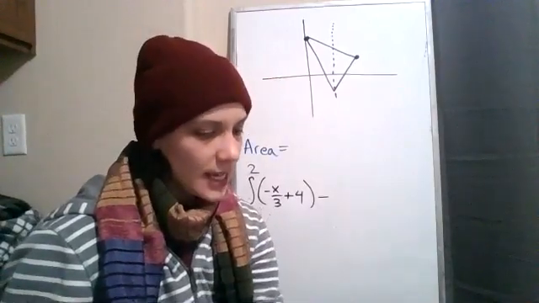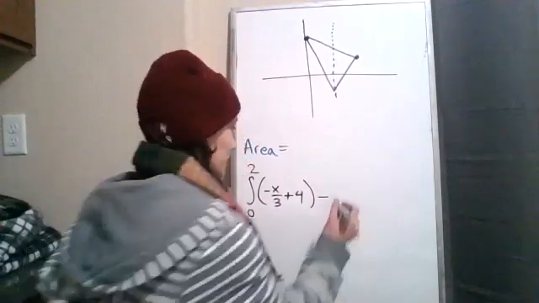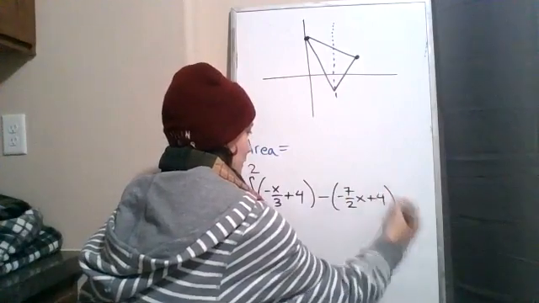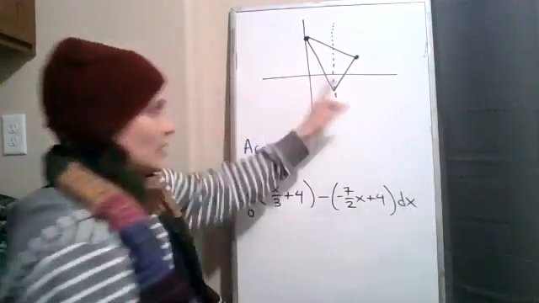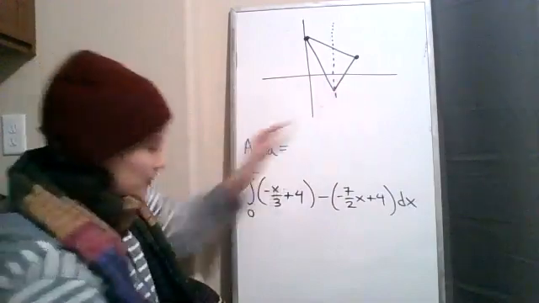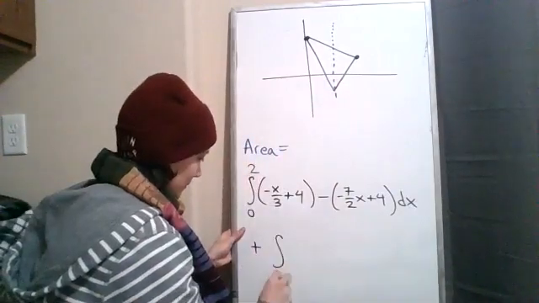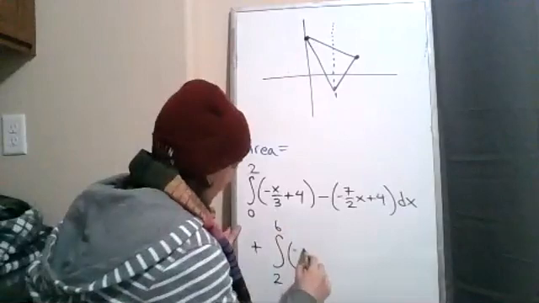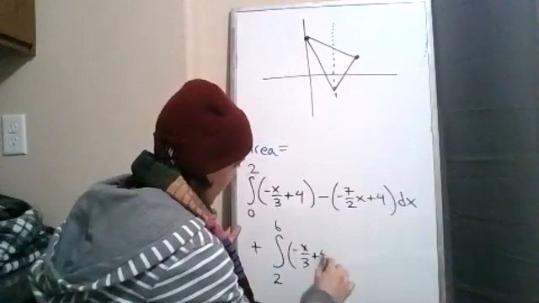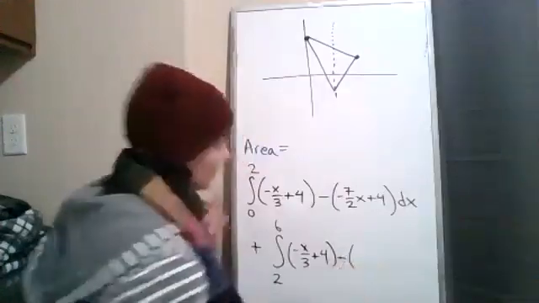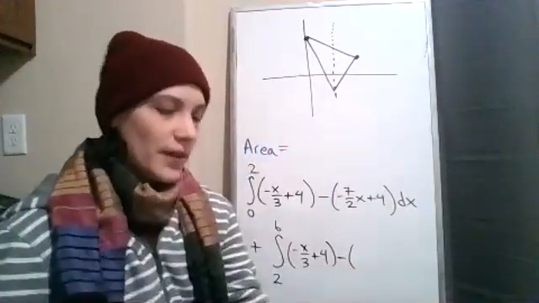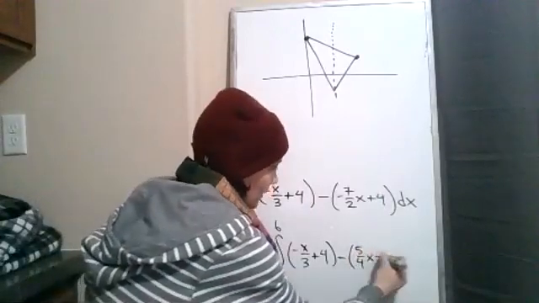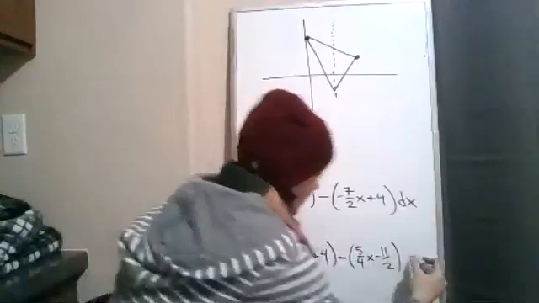Which was negative 7/2 x plus 4. Then add the integral from 2 to 6 of the top function minus the bottom function, which we called C. 5/4 x minus 11/2, and dx.